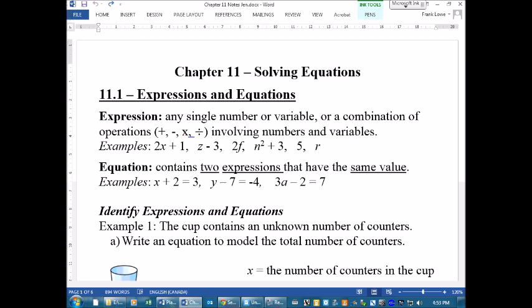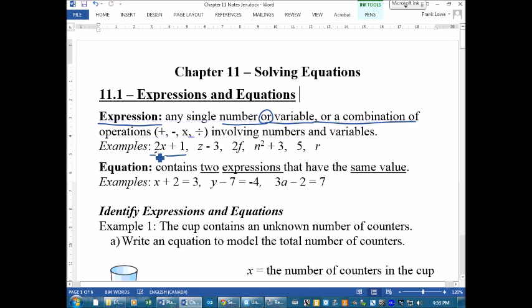So at the very beginning here, I just want to go over the similarity and difference between an expression and an equation. First of all, an expression, which you should know very well, is any single number or variable or a combination of both of those. For example, here's a combination.